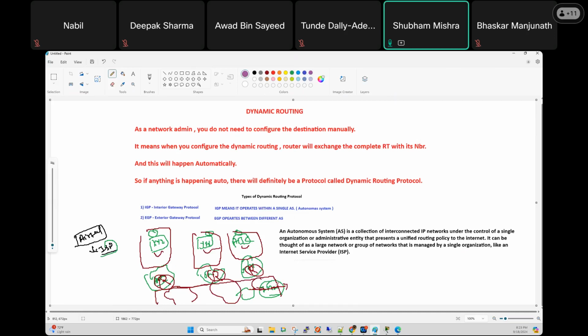So as a network administrator, we do not need to manage these networks. So now the thing is, who is managing this? Airtel itself. Airtel itself is managing these networks, and that is called the outside network.